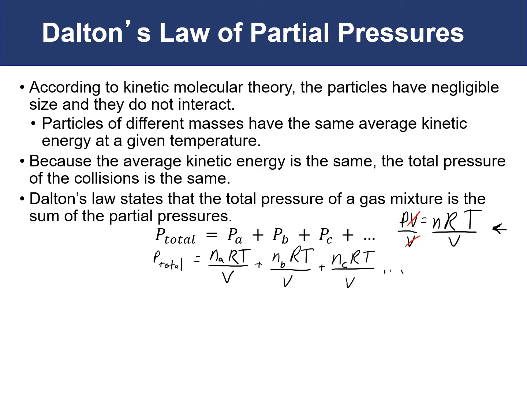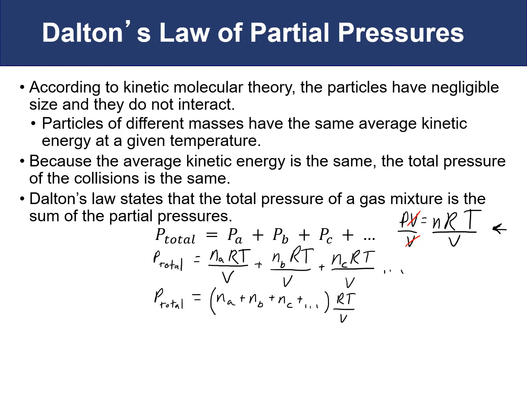Now you'll notice that we have this repeating term, RT over V, in each one of these, so we can pull that out, rewrite this as our pressure total is equal to the number of moles of A plus the number of moles of B plus the number of moles of C plus whatever other gas components we have, that quantity times RT over V.